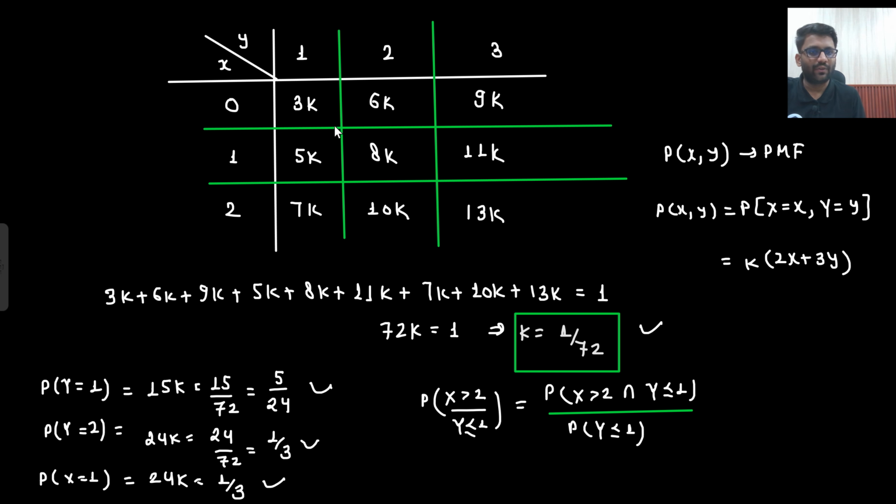That means y can take value 1 only. So the probability of y equal to 1 is 5 by 24, and for x greater than 2 with y equal to 1, x can take value 3 and y can take value 1. So only one condition will come.